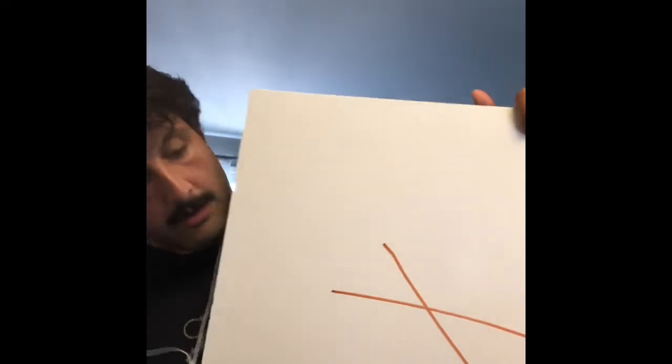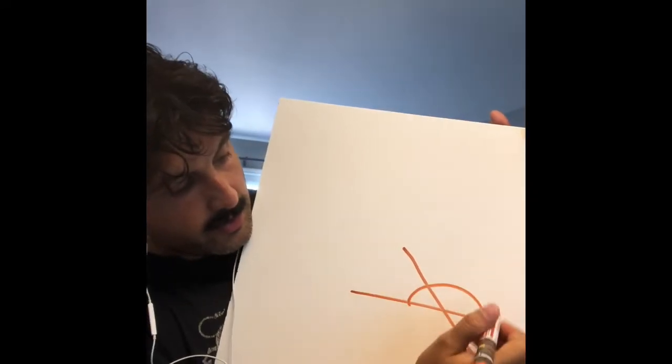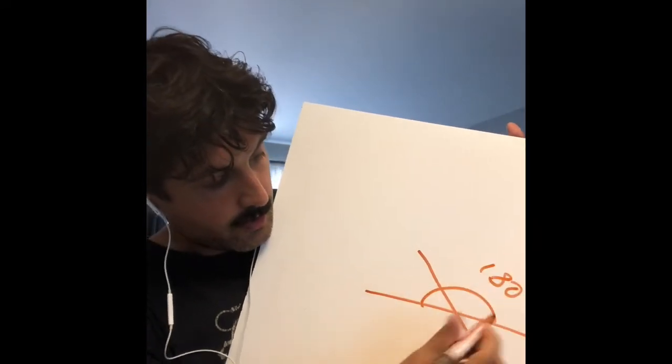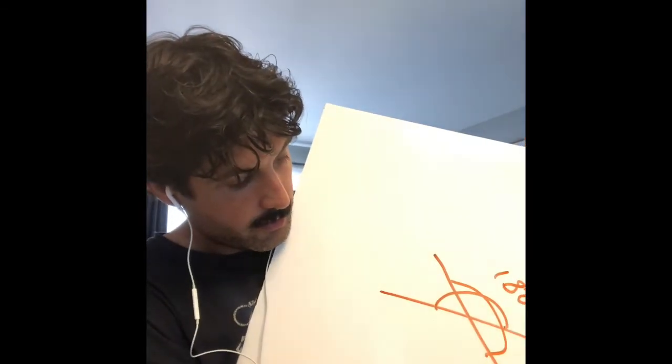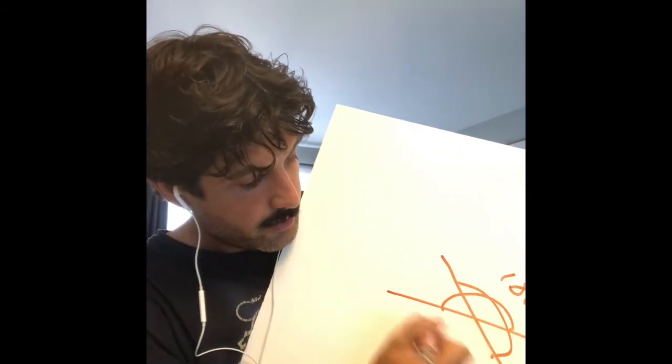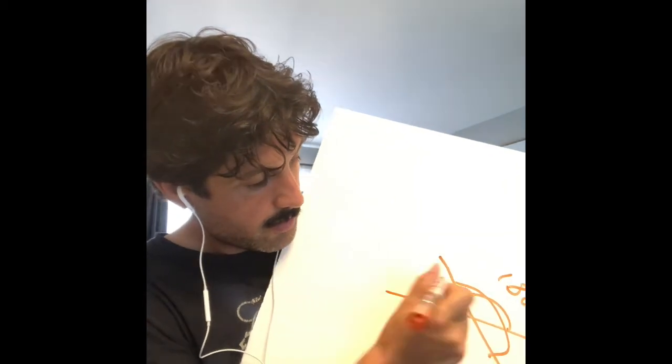You know this is a straight line that has to equal 180 degrees. You know this is a straight line, has to equal 180 degrees. You know the underneath is 180 degrees. You know this one on the back side is 180 degrees. So they're all 180 degrees. And any straight line is.